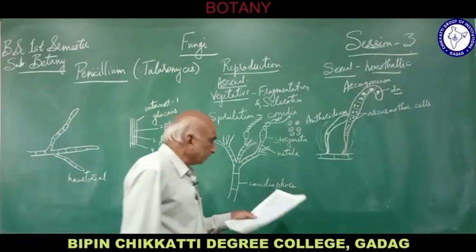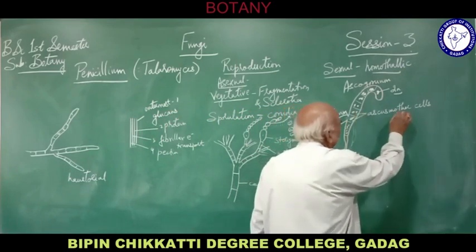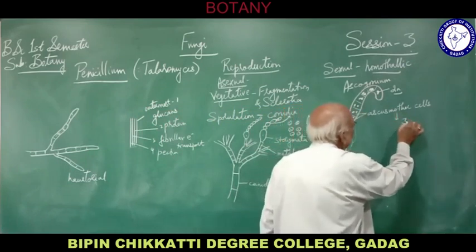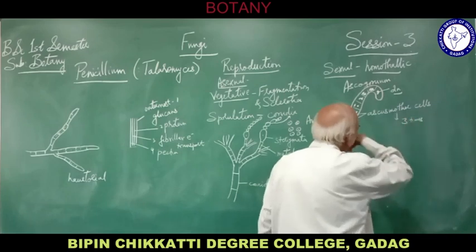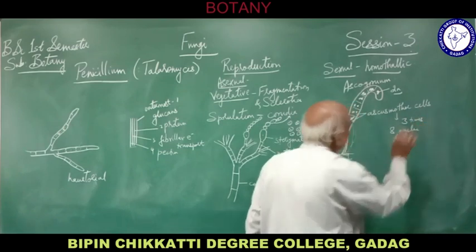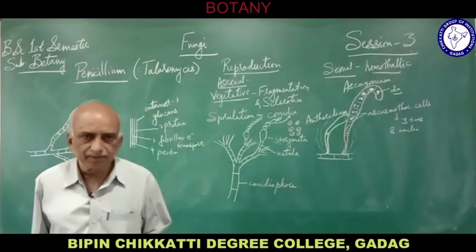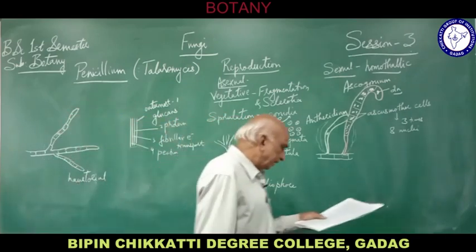Now each cell where the nucleus fuses divides 3 times to form 8 nuclei.